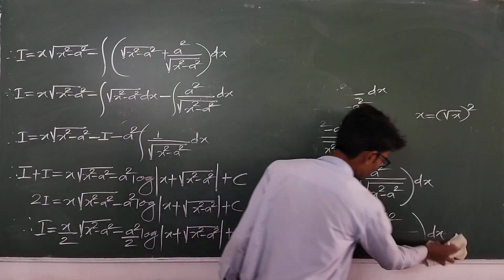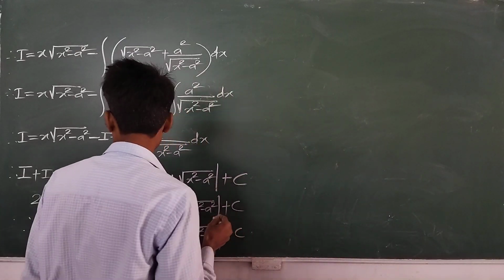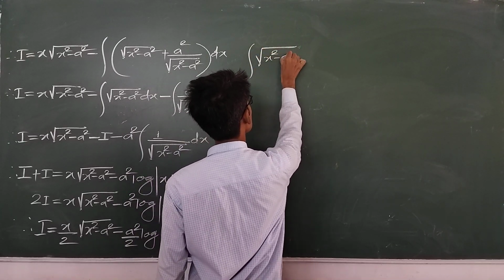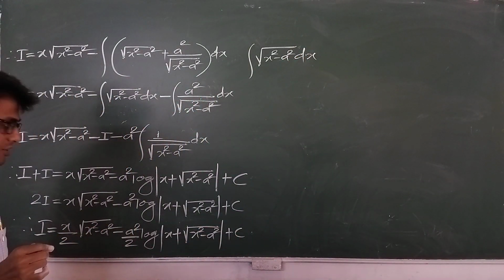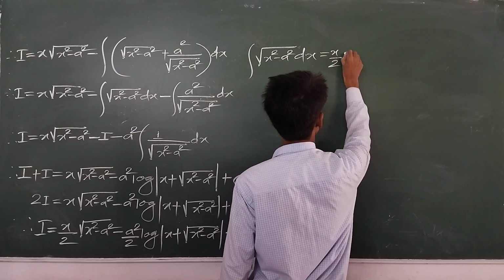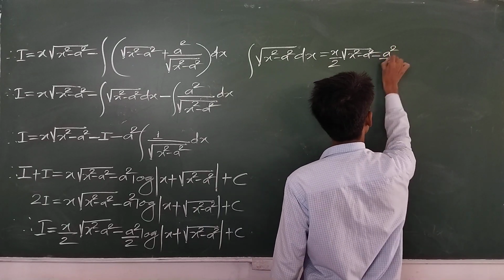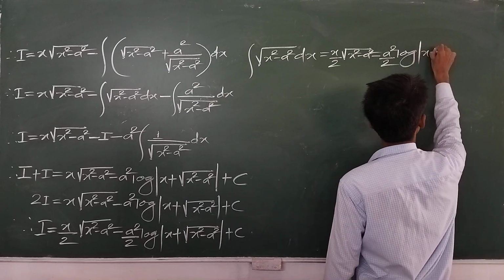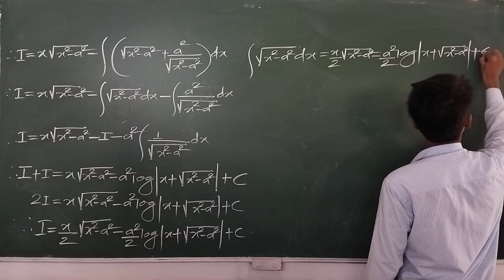So therefore I, means integration of square root of x square minus a square into dx, is equal to x by 2 square root of x square minus a square minus a square by 2 log of mod x plus square root of x square minus a square mod complete plus c.